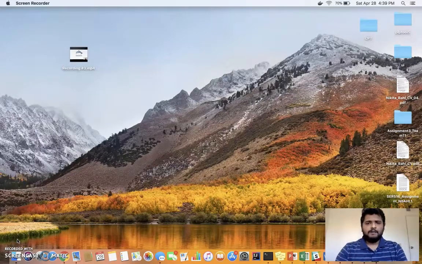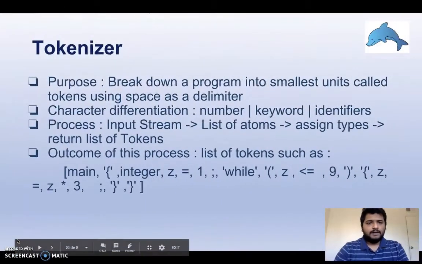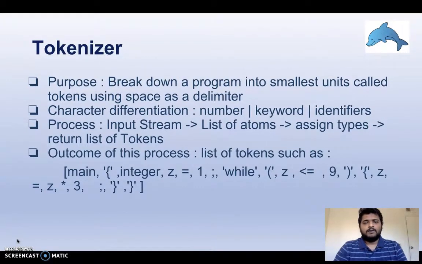Hi, I'm Abhinav Manti. So I'm going to make you go through our tokenizer and the parser part of our programming language, that is Dolphin. So in our main file, you can see first the tokenizer is called, which breaks down our whole program, which is typed into a text file, into a list of identifiers, keywords, and digits.